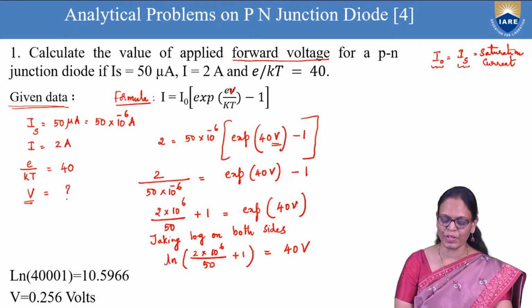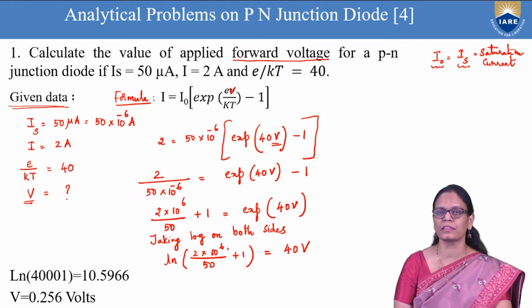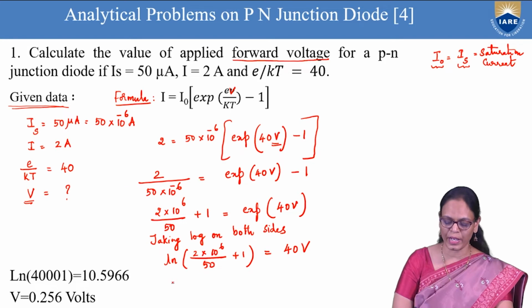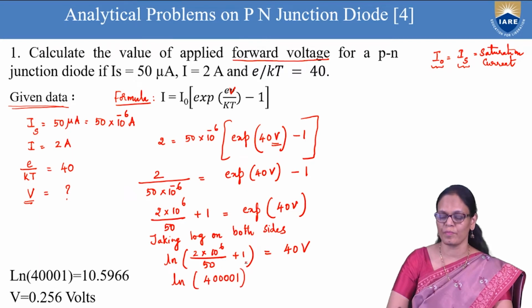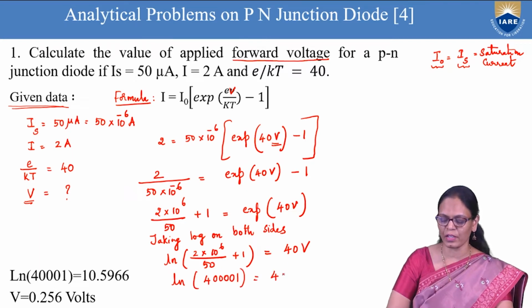And if I simplify the value inside the bracket, I get ln 4,0001 is equal to 40 volt.